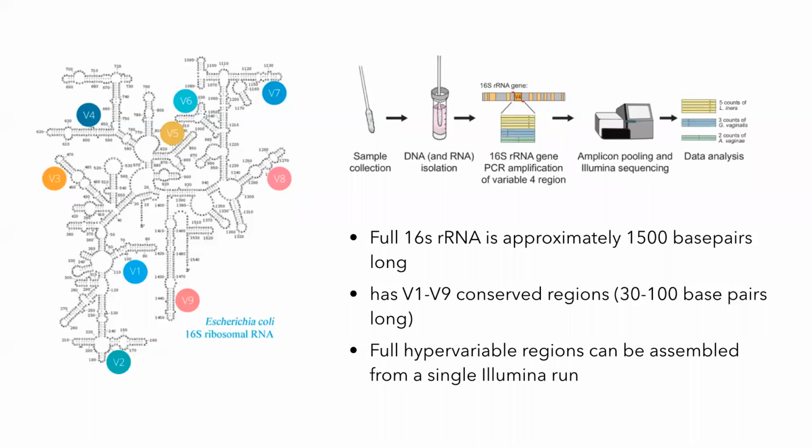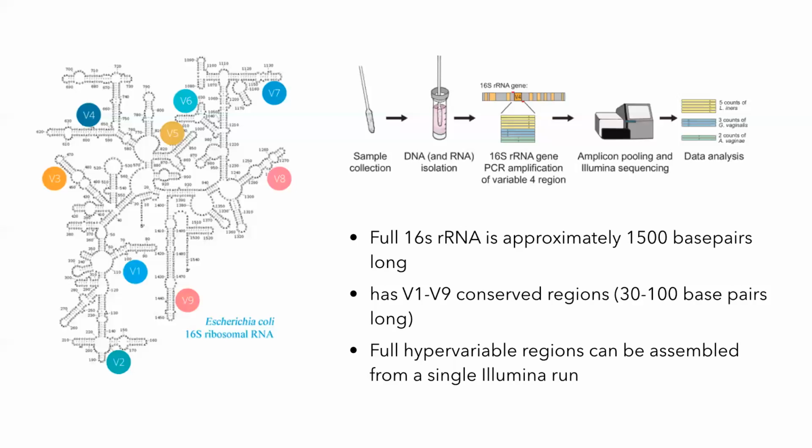They all have a degree of conservation that varies between these hypervariable regions. And so the entire 16S sequence allows us to compare all the hypervariable regions. If we take the whole sequence, it's about 1,500 base pairs long, but sometimes that's too long for studies that want to just look at bacterial community composition.